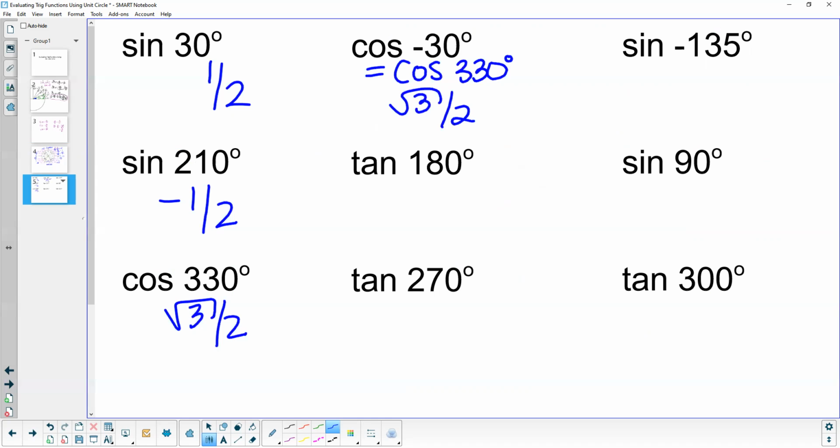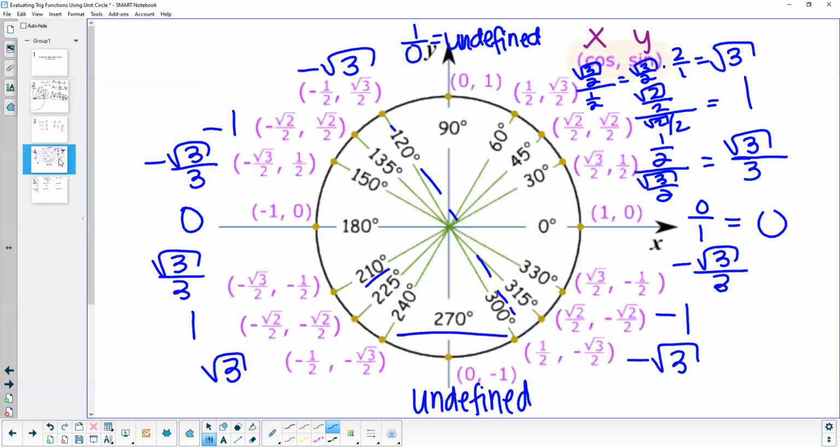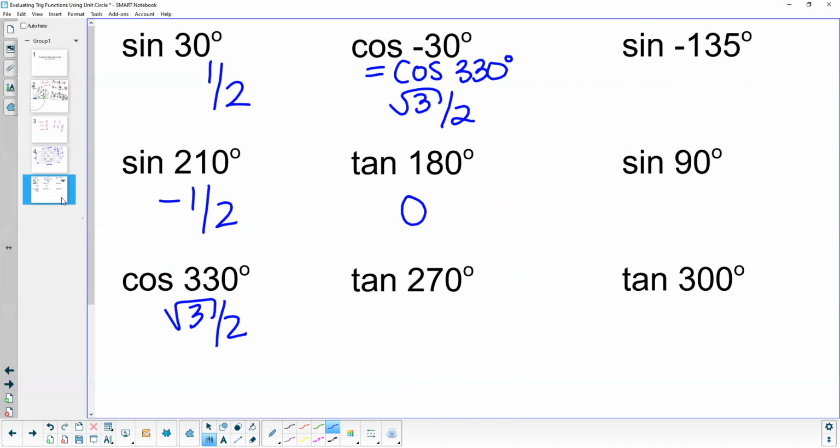Now the tangent of 180, remember tangent is y over x, or we can look at our value that we've added and we can see that it's going to be 0. The tangent at 270, as we look on our table here, is going to be undefined. Going back up to the top here, the sine of -135, we can add that 360 to it to find that coterminal angle.